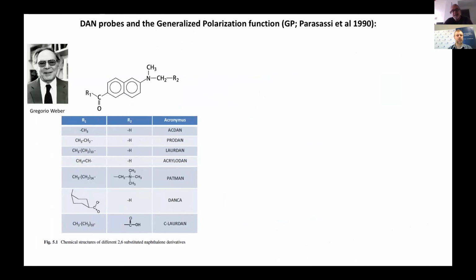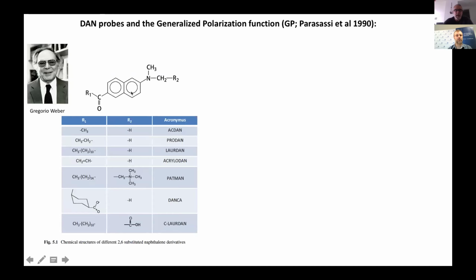For doing that, I have been working for a long time with the dimethylamino-naphthalene probes. These probes were synthesized by Gregorio Weber in the late 70s, and Enrico Gratton and Tiziana Parasassi incorporated them to study the dynamics or phase states in membranes.